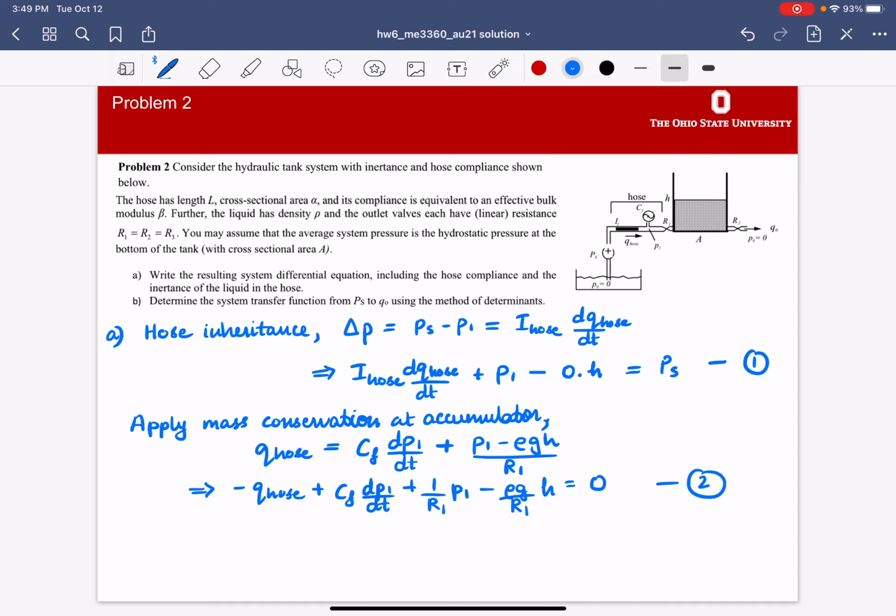And now we are looking for our third and final equation, and that would be applying mass conservation at the output here. And how can we apply mass conservation over there? So let's have a look at that.